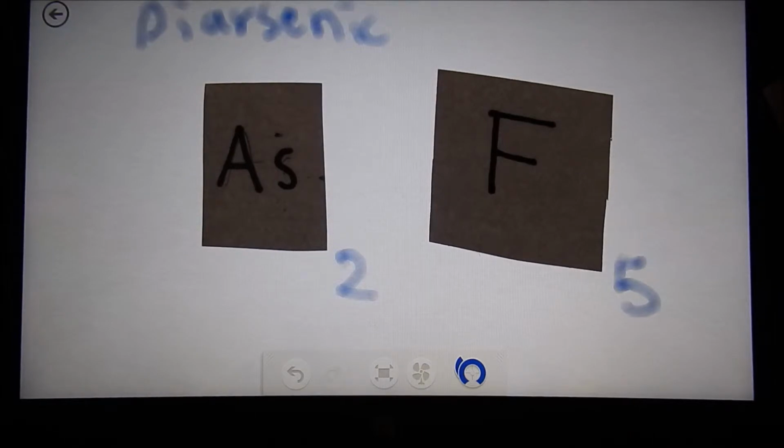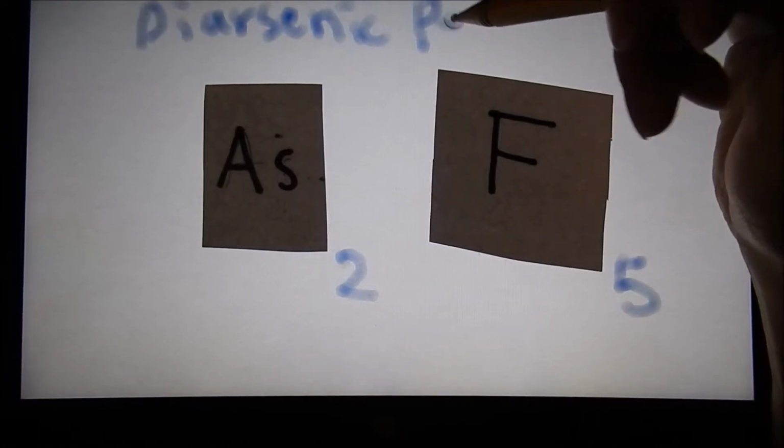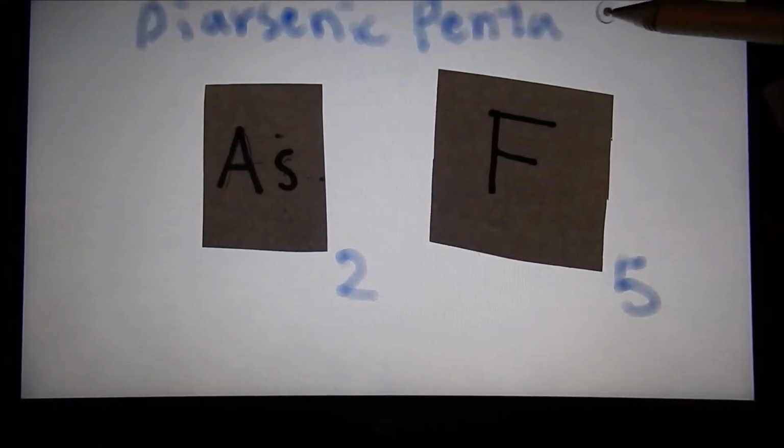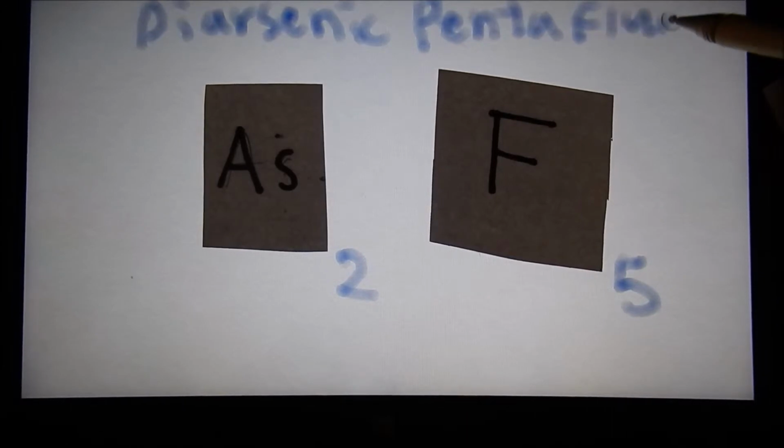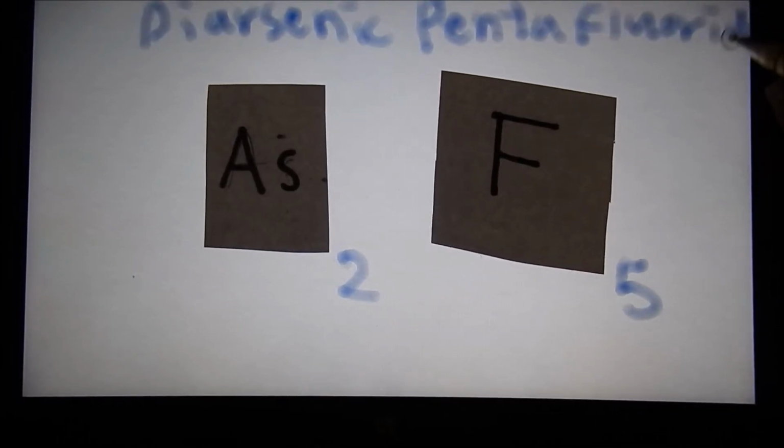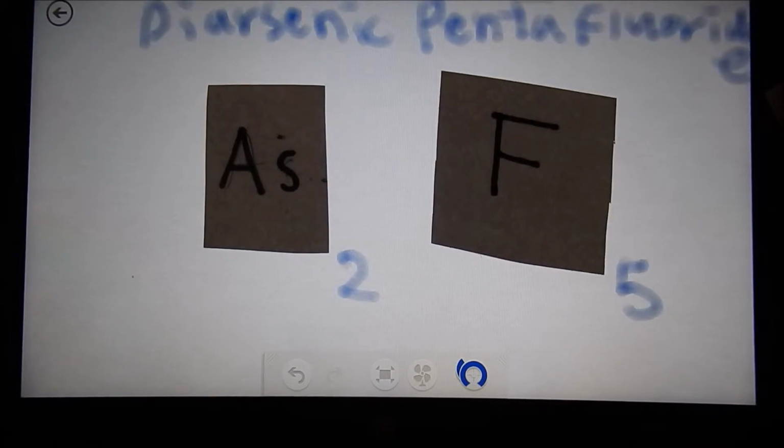And since there are 5 fluorine atoms, our second part of the name is going to be pentafluoride. Don't forget to put "ide" at the end of the name.